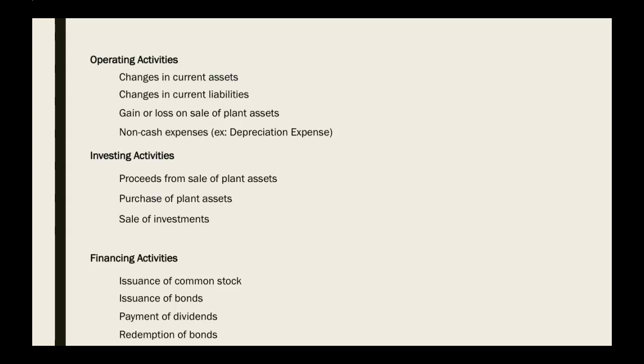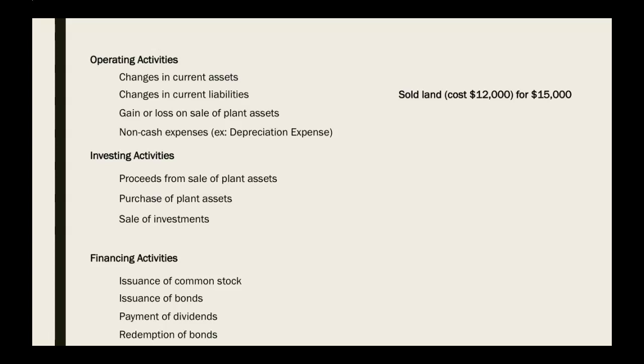So these are just some examples. These are not the end-all be-all of statement of cash flows. But if we have these in place, we can figure out which section different transactions will affect.